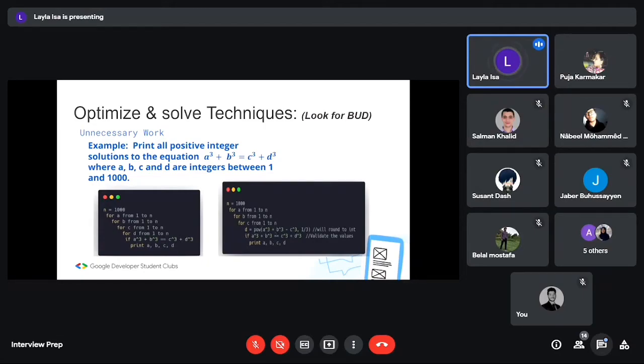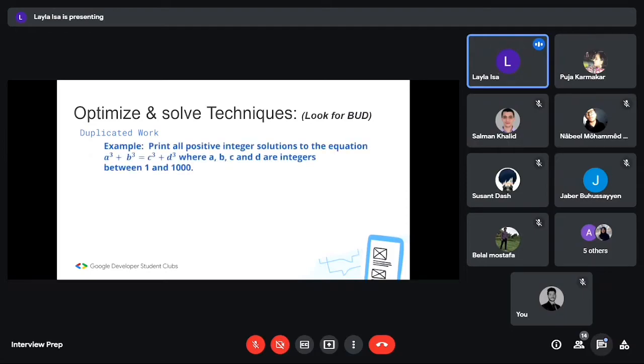It may require some mathematics, but we actually optimized this from O(n to the power of 4) to O(n cubed). So yeah, find something to optimize. That means you can see here four for loops, and here we have three for loops.